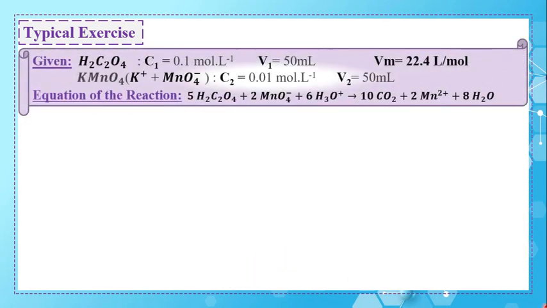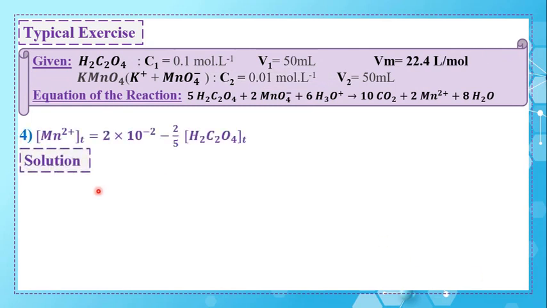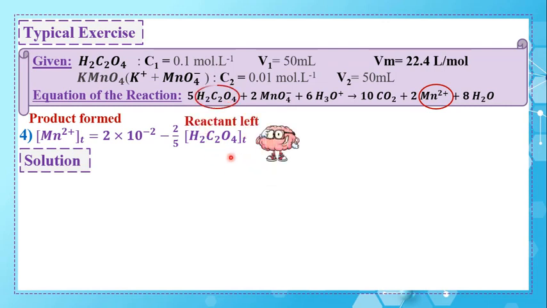Finally, the last relation in our video, it is between the concentration of Mn2 plus at instant T, which is a product formed, and H2C2O4 at instant T, which is a reactant left. I have to start my relation by Mn2 plus at instant T, which is a product.